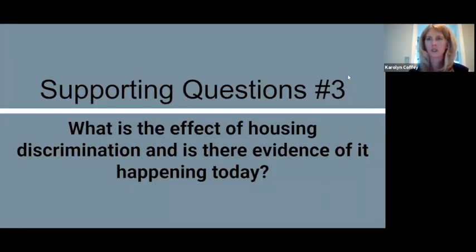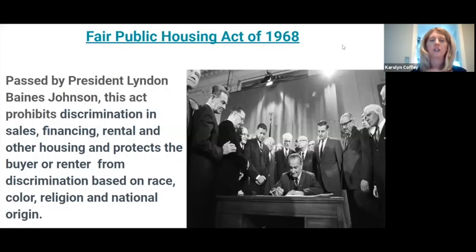The last supporting question is, what is the effect of housing discrimination, and is there evidence of it happening today? There are some activities in here where, if you wanted to reference housing segregation in the present, maybe starting with the Fair Housing Act of 1968 and how this was an attempt to eliminate these types of practices with regards to housing, but yet how we still continue to have problems even after the passage of 1968.